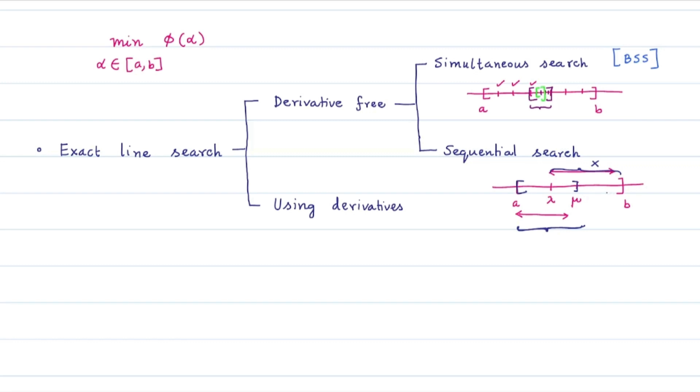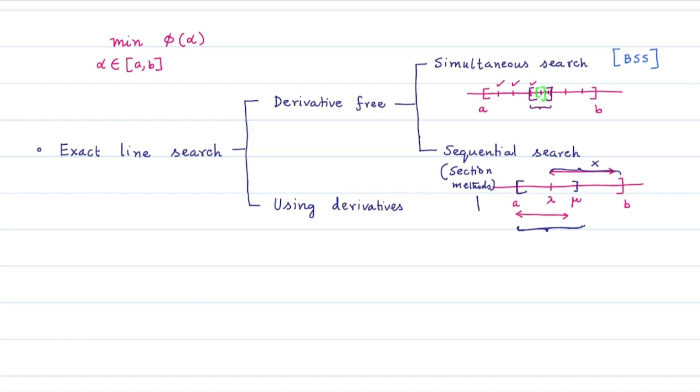In this way, you reduce the interval of uncertainty of the function phi, and finally get a very small interval of uncertainty that includes a minimum. You pick up any point from that small interval as an exact step length to be employed in the optimization algorithm. So the sequential searches are usually also referred to as section methods.